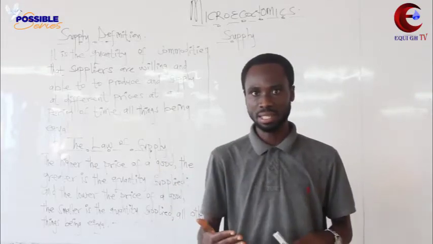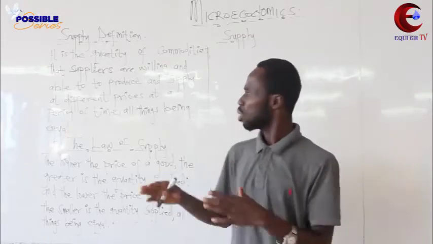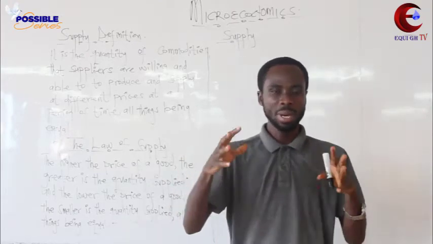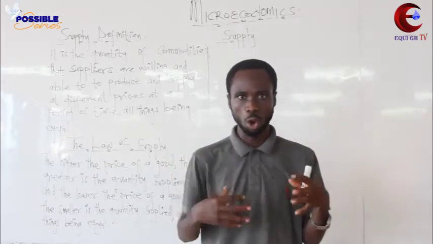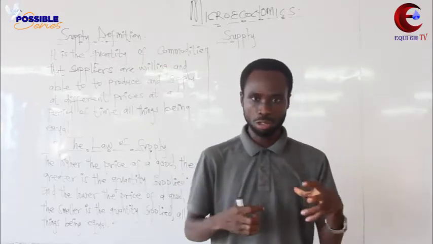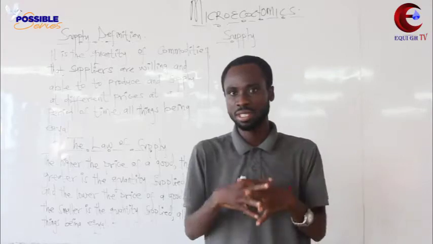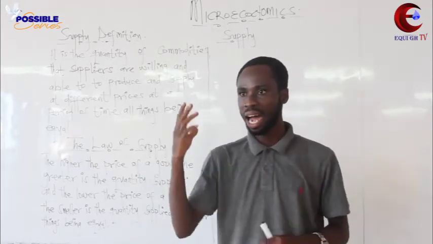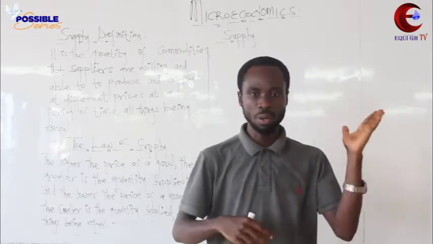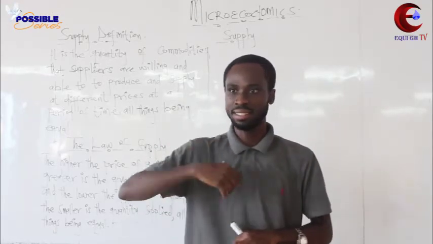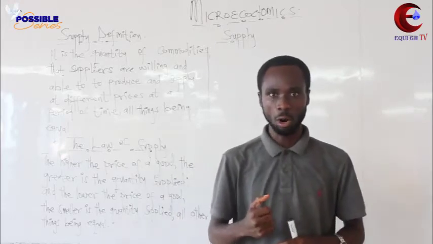The sellers or producers are the people who make good use of the inputs or resources in the economy. They put the resources together, the labor, land, capital, entrepreneurship, and those things, in order to give us a desired commodity.